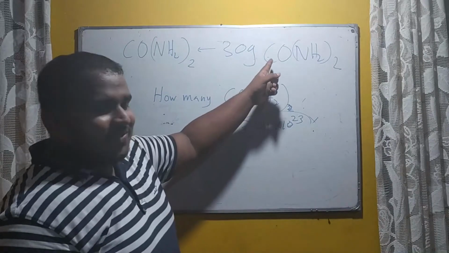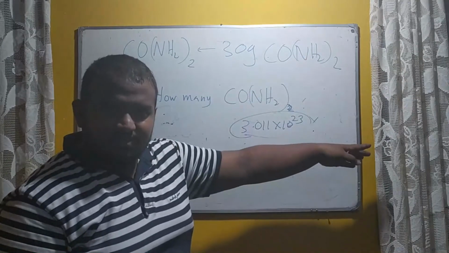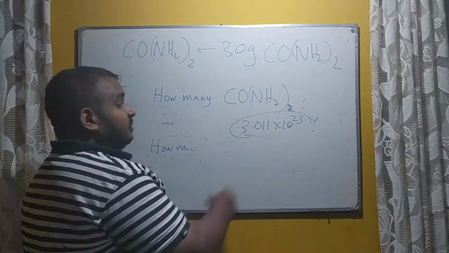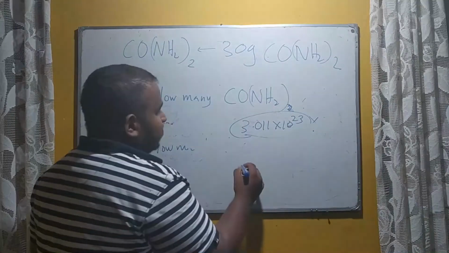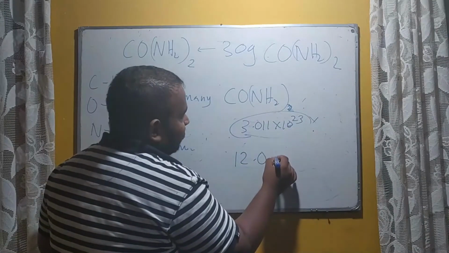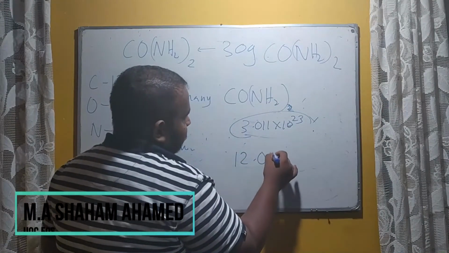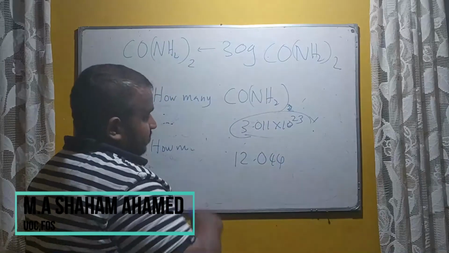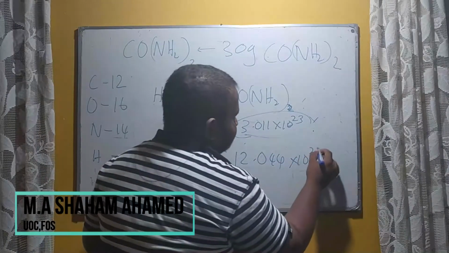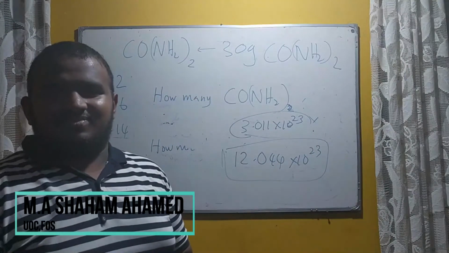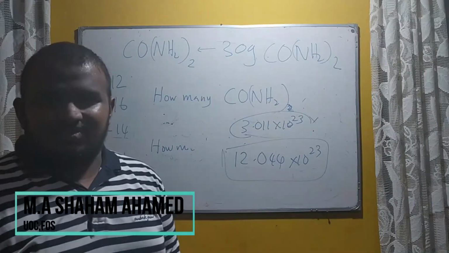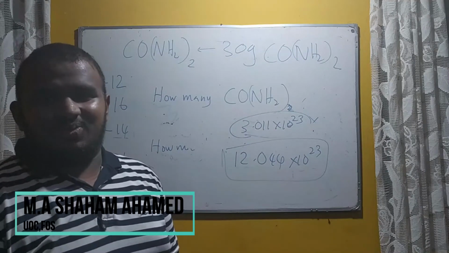So in one urea there are 4 hydrogens. Therefore, there will be 4 times of it. So the answer should be 12.044 into 10 to the power of 23. That is how the answer used to be. Very simple.